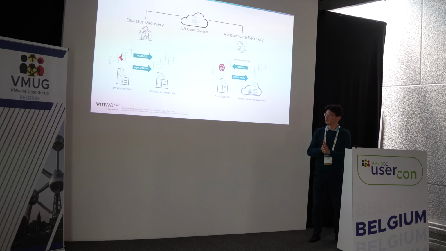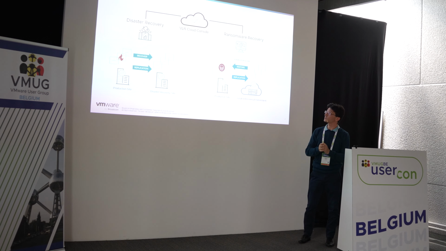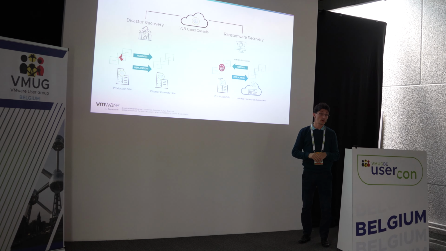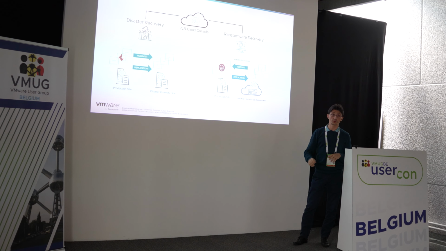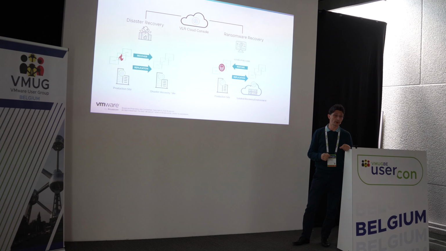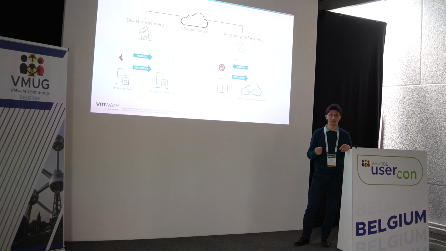So a little bit about how things work. Now you have a VLR Cloud Console, which is tracking all your deployments, all your sites. Obviously, when it comes to on-prem, you have dark sites, which are sometimes not connected to the cloud, or they need to be, or you don't want them to be.